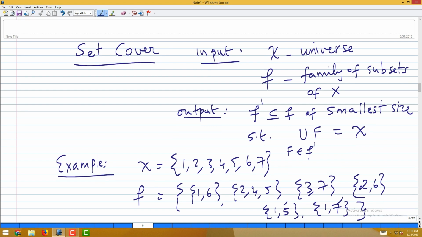So, what would be the optimum here? I may pick the first 3 sets, for example. I could also pick 2, 4, 5.